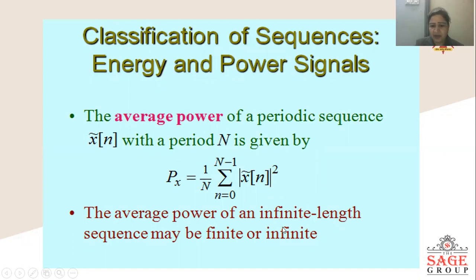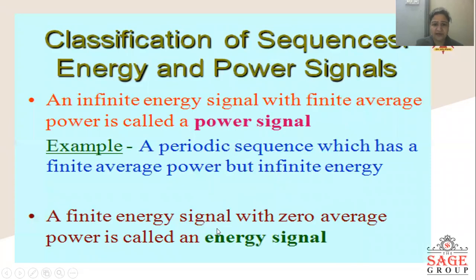Now, the average power of an infinite length sequence may also be finite or infinite. An infinite energy signal with finite average power is called a power signal. That means a power signal always has finite average power but infinite energy.